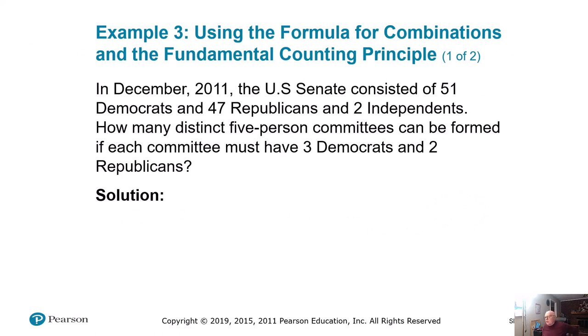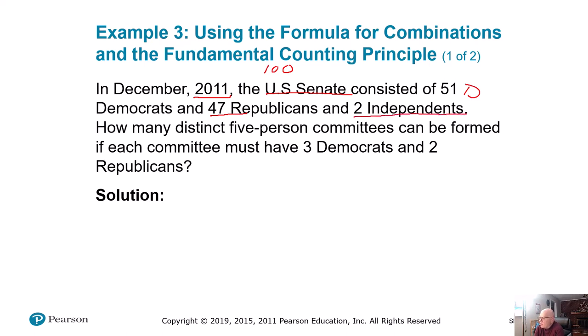And I'll give an example from politics, if you don't mind. So we're going to the U.S. Senate. Remember how many senators we've got? We've got 100 senators. In this case, in 2011, most likely different now, you've got 51 Democrats, 47 Republicans, and 2 independents.